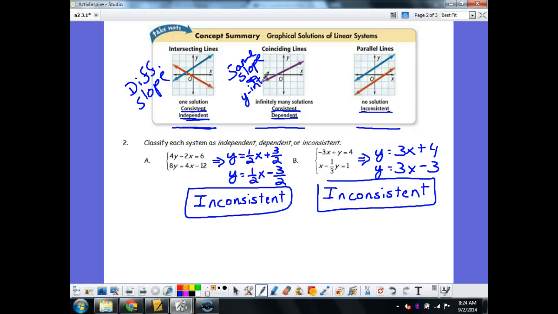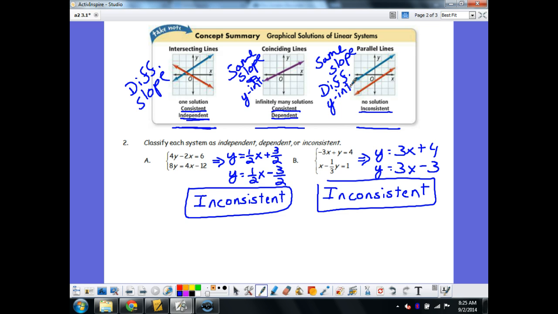And finally, parallel lines, where we have no solution. It's an inconsistent system. We have the same slope, but different y-intercepts. So look at the slopes first.